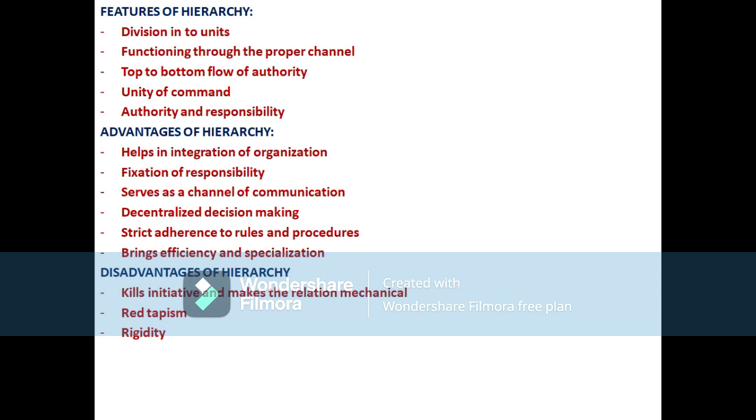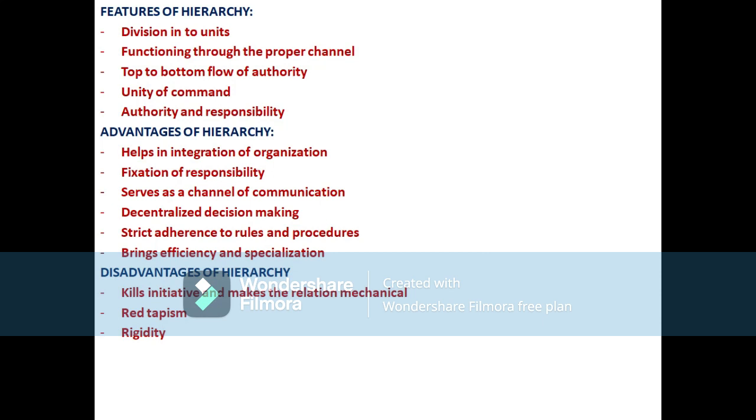Each and every person will have power, but only to the extent required by the job. So here the DGP has full authority, but he will delegate some authority to the IG, and this IG has his own authority, but he will delegate some authority to the deputy inspector general of police.